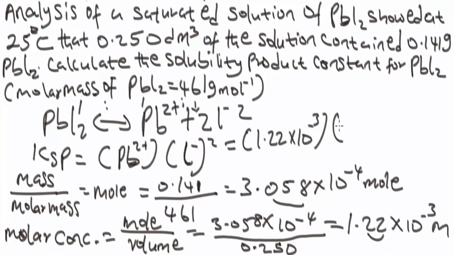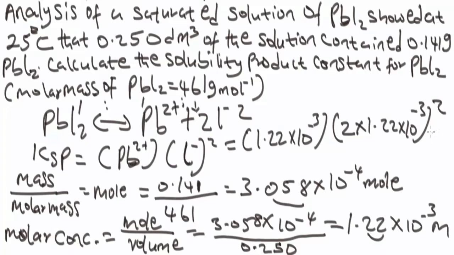So the molar concentration of iodine, which is also 1.22 times 10 to the power minus 3, is raised to the chemical coefficient of iodine, which is 2.